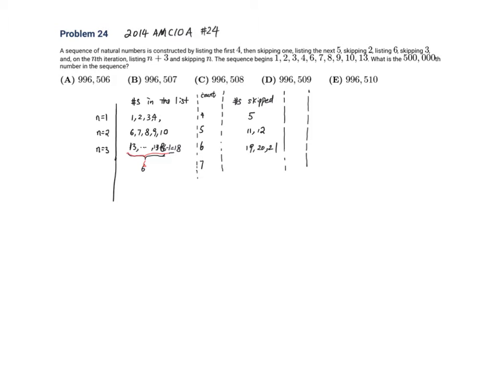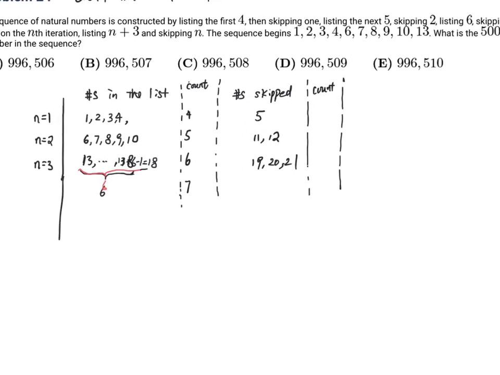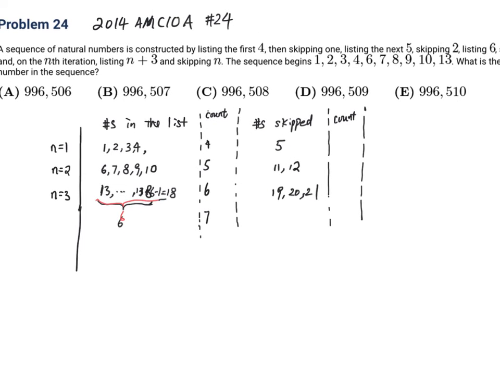For the numbers that are skipped, the counts for how many numbers are skipped, I'm going to call this count, but this count is the one that's been skipped. So here it begins with 1. The next one, we are going to skip 2, and then next block we are going to skip 3, and so on and so forth.